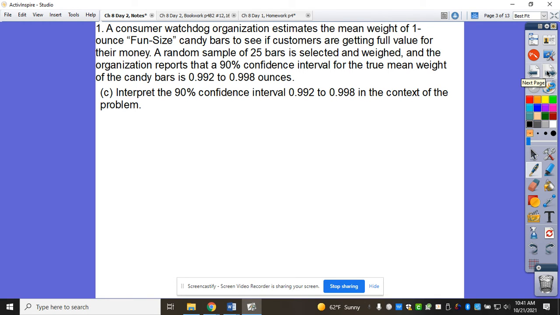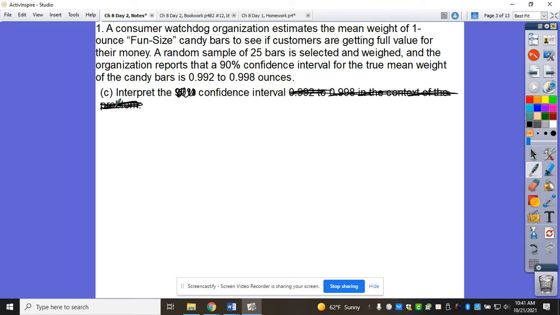Alright, so I changed this entirely. I just condensed it down to say this. So these are our 2 interpret sentences from yesterday. So in trying to keep them separate, interpret the confidence interval.